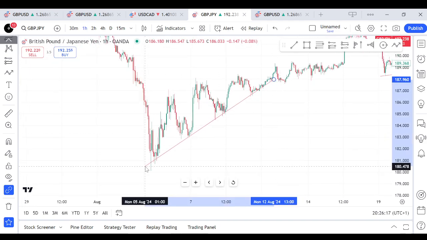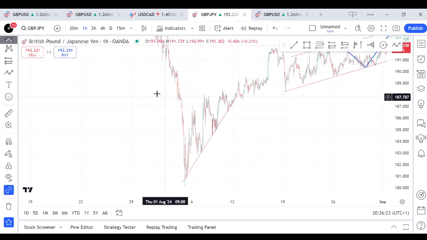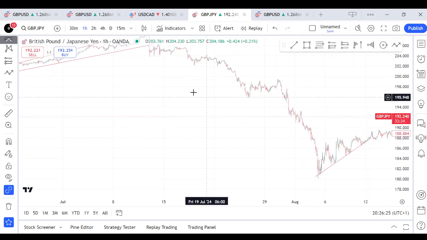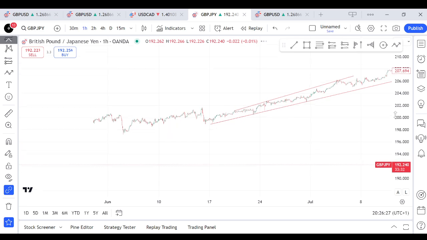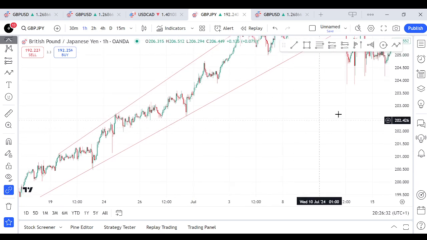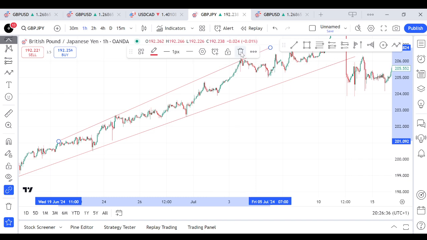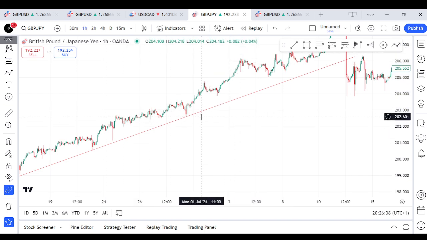Just gonna adjust this. So it's expected that price should respect this support level and shouldn't go below it. So that is how you use trend lines as support and resistance levels. This is another one. You can see price reacting to this level right here, using this as support levels.